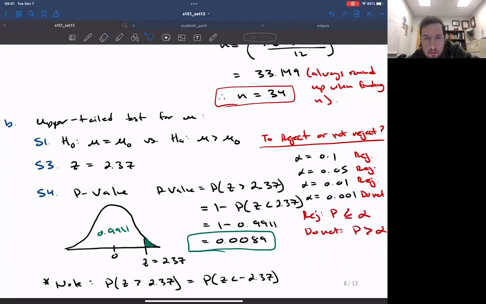Okay, any questions? Well, technically speaking, if you round the p-value to 2 decimal places, this would go to 0.09, which would then go to 0.01.